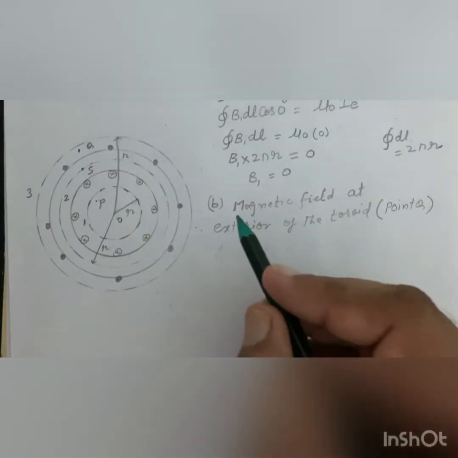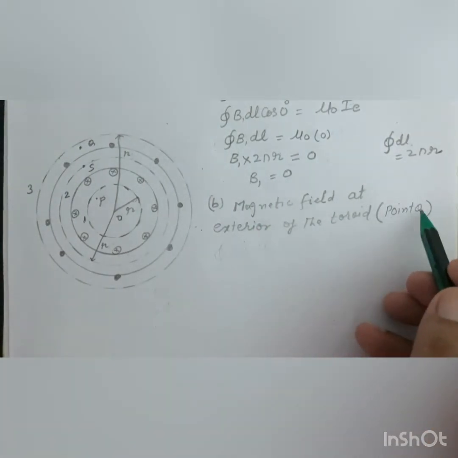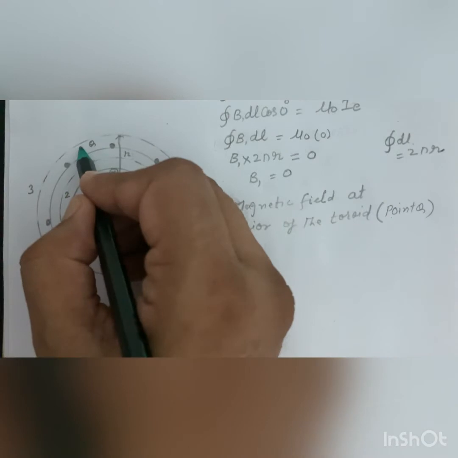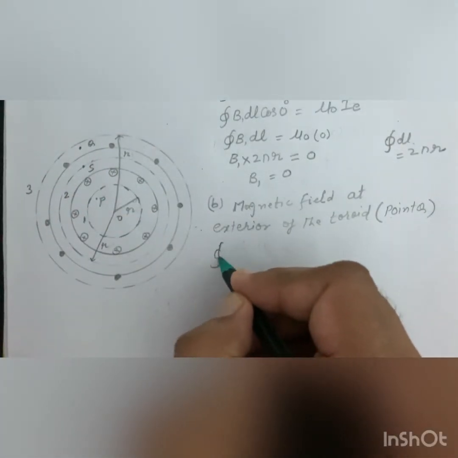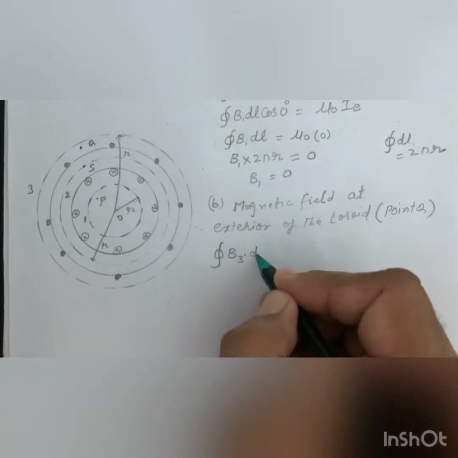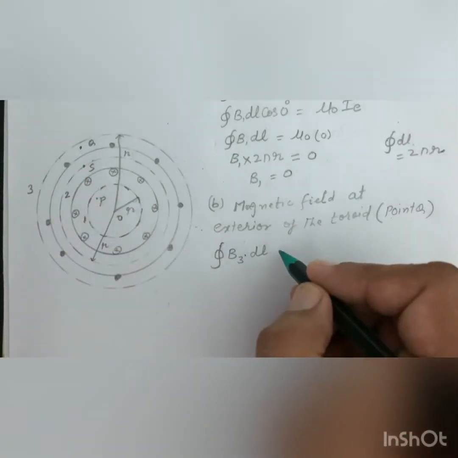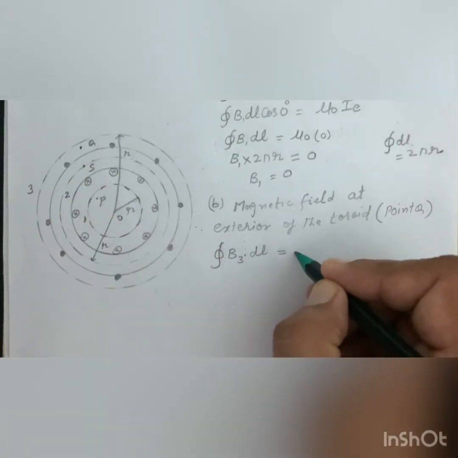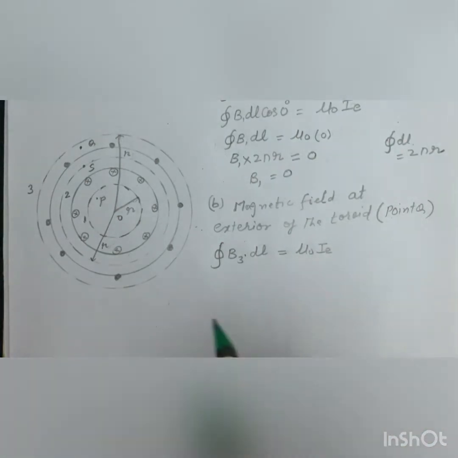Now we will calculate the magnetic field at the exterior of the toroid, point Q. Again we apply Ampere's circuital law: B3 dot dl, where B3 is the magnetic field at Q, equals mu naught I_E.